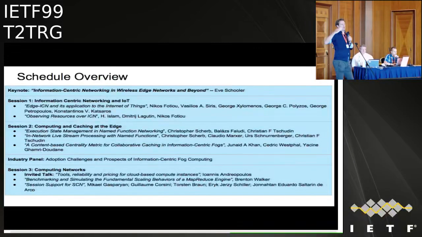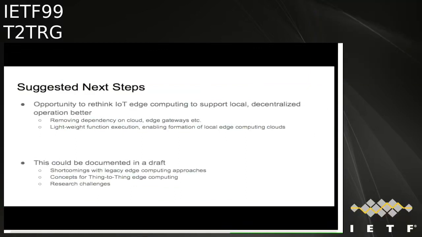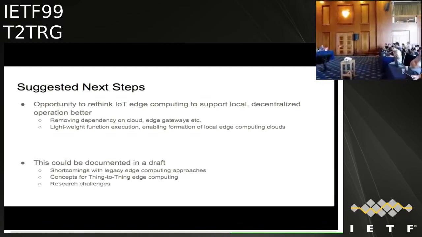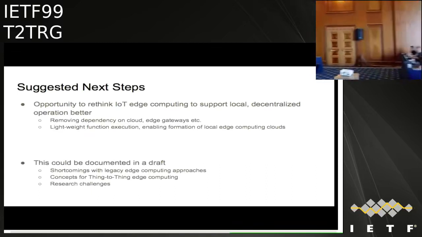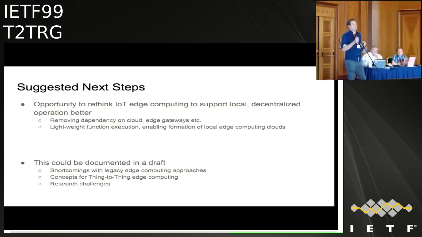Okay, let's move on. So we are thinking there is a really good opportunity to rethink IoT edge computing with a slightly more decentralized approach that is less cloud dependent and enables more local functionality. It's not about saying we don't need cloud backends anymore.